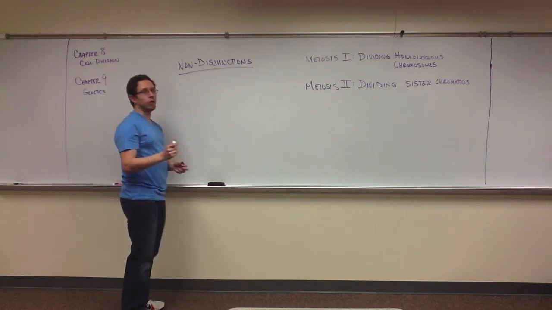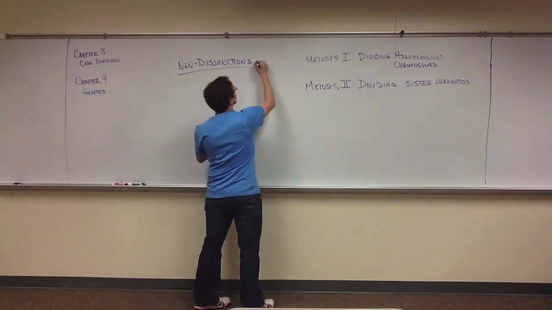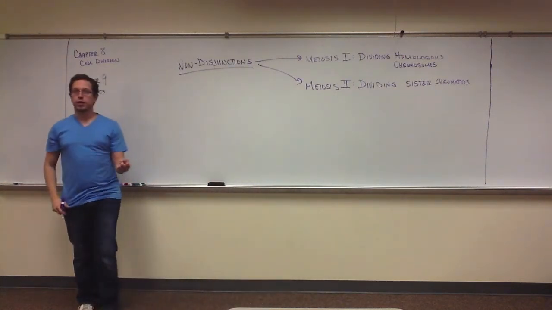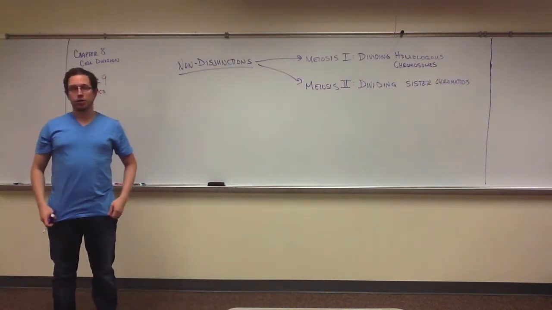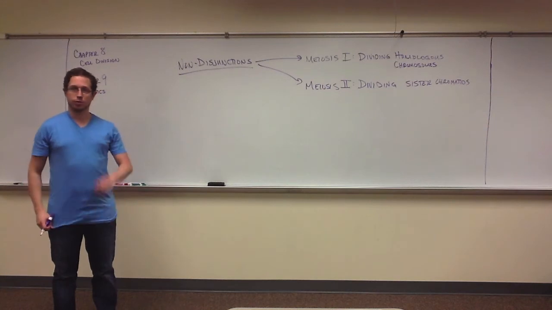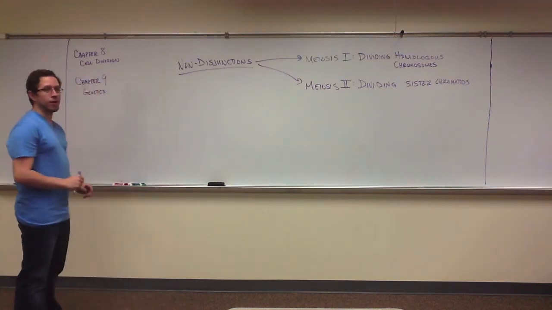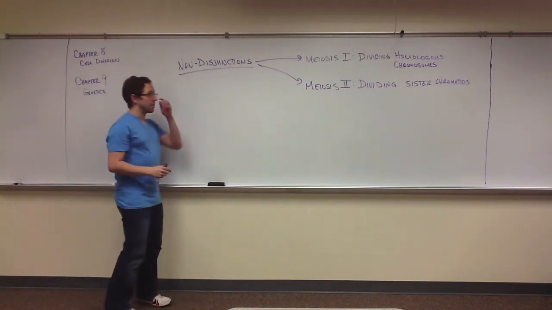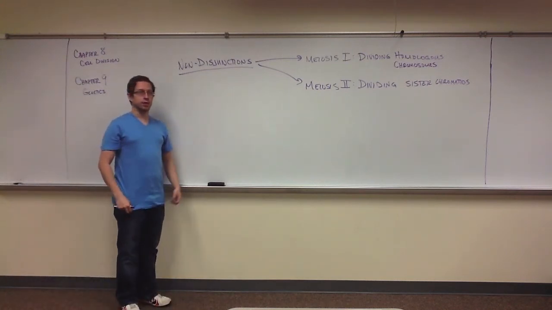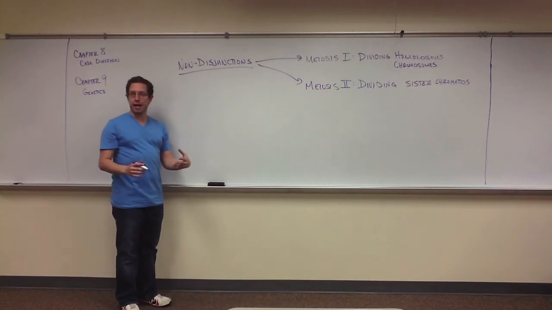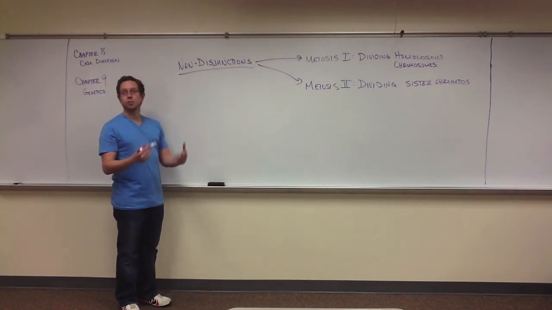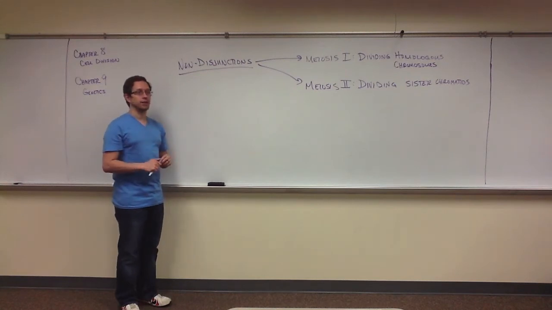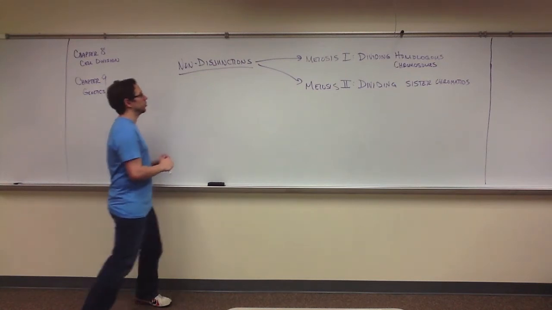Non-disjunctions occur when we have difficulty with this or this. So there's a non-disjunction that can happen in meiosis 1, and there's a non-disjunction that can happen in meiosis 2. So what I'd like to talk about is the percent chance that you'll wind up getting some form of sex cell, either sperm or an egg, that would still be usable, that would not result in any aberrant effects, as we saw with like the trisomy of chromosome 21.